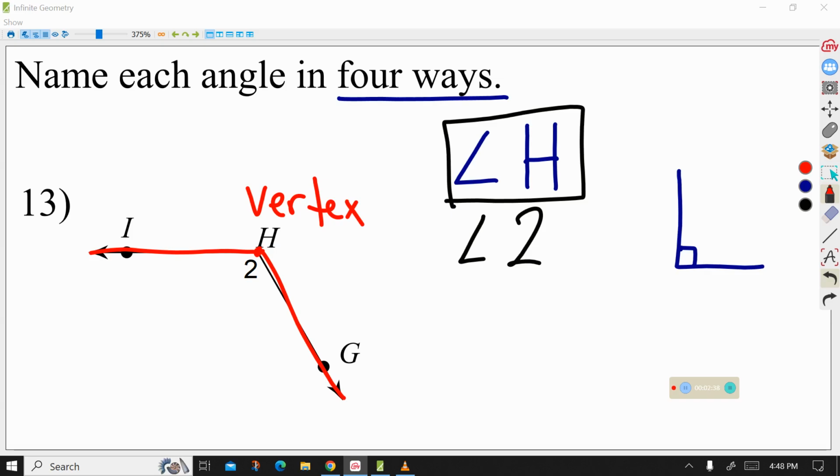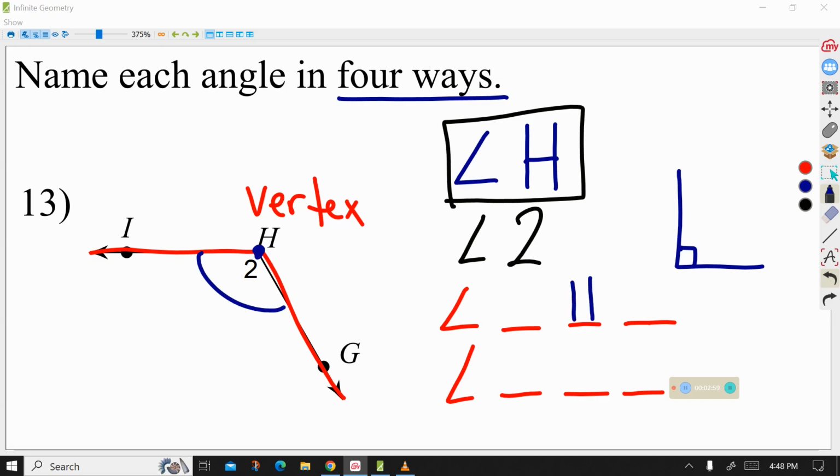The next thing we have to do to label an angle is use 3 letters. I'm going to put some blanks up here, and we're going to talk about the way this works. When we label an angle, the vertex has to be the letter in the middle. So if I want to label this angle that I have highlighted in red, I have to have H as the letter in the middle. And the other letters are going to be the ones that make the sides of the angle.